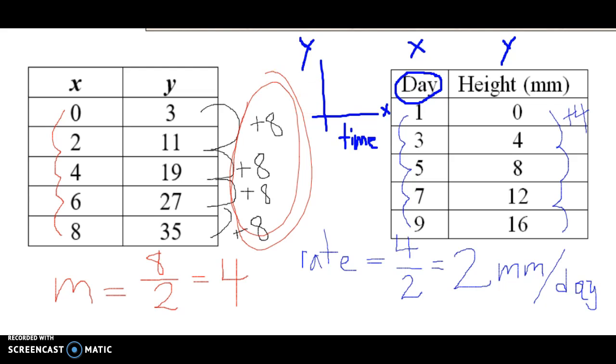So 2 millimeters per day. And that makes sense. And that is why the change in y goes on top, because it depends on the x. Millimeters depends on the day. And that's why we would put that there on top. And this is how we find the slope or the rate when we are given a data table for a linear function.